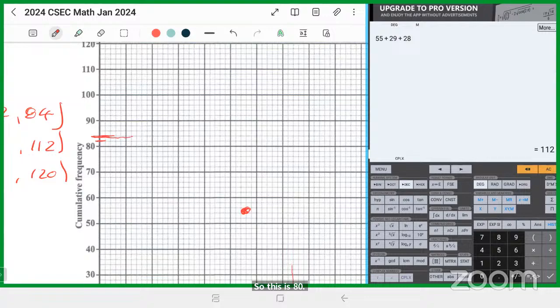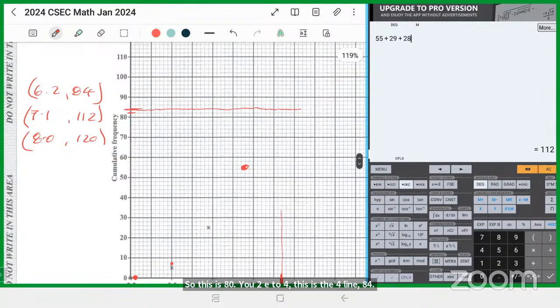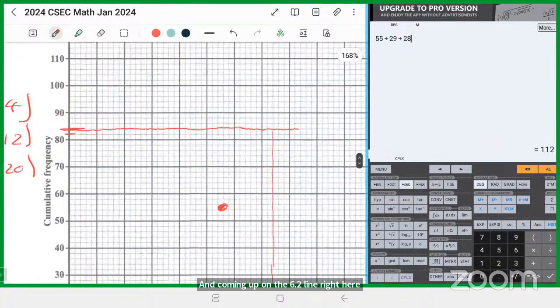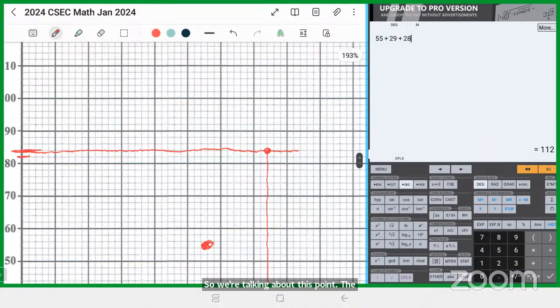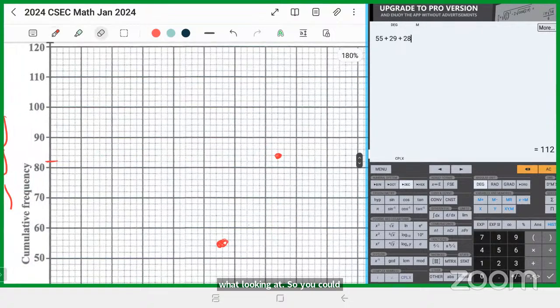This is the 84 line. And we're coming up on the 6.2 line right here. So we're talking about this point where those meet. That's what we're looking at. So you could just actually look at it on the exam paper. So that is that point.